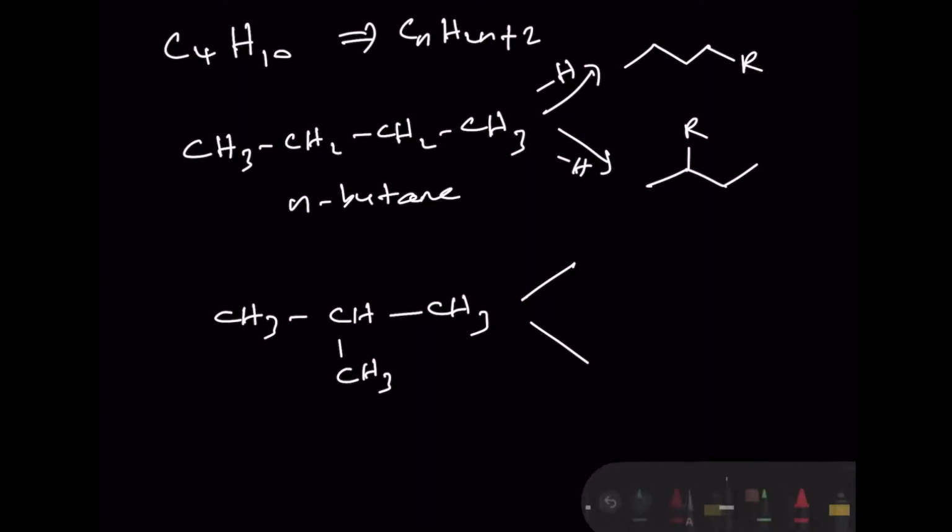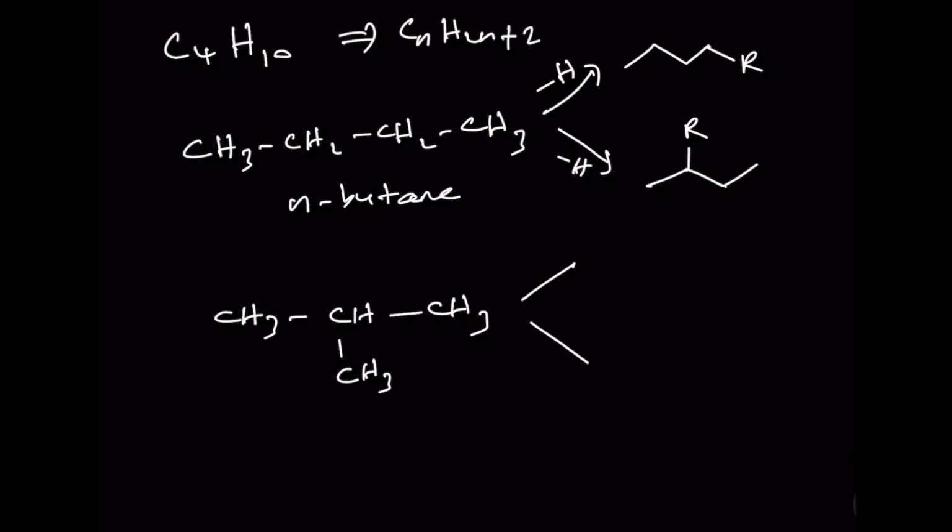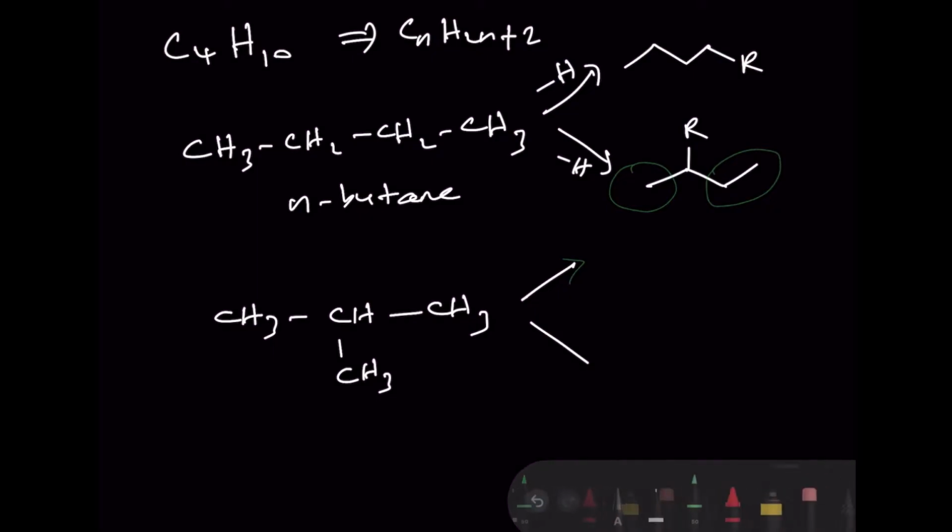It's easy to remember the secondary butyl, provided we can recognize that on one side it will be ethyl and on the other side it will be methyl. So, you do not have to memorize the substituents. Whenever you get doubts, just write down the two isomers and see from where you are removing the hydrogen atom, and then you can easily remember what is what.